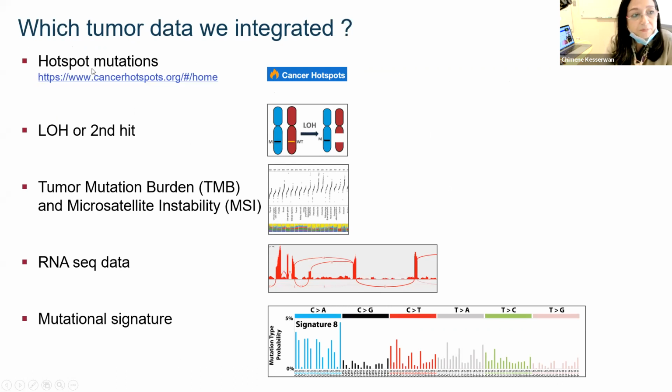We looked at hotspot mutations, and you are probably all familiar with the cancer hotspots resource from Barry Taylor's group, the MSK group. This is our reference for the mutational hotspot.